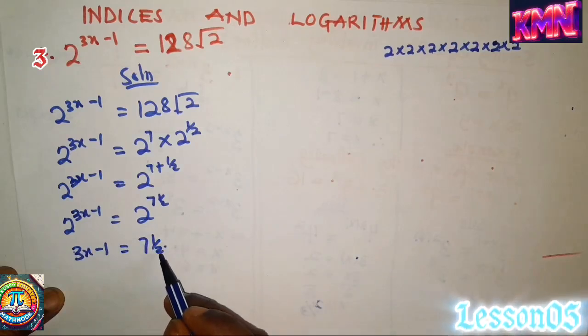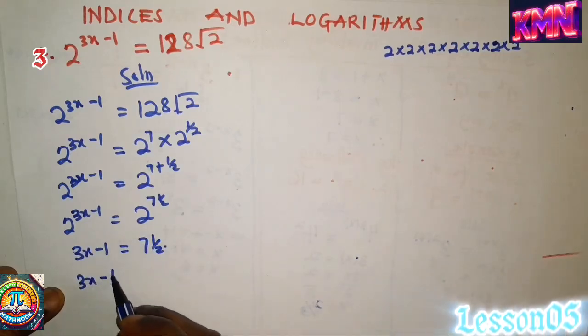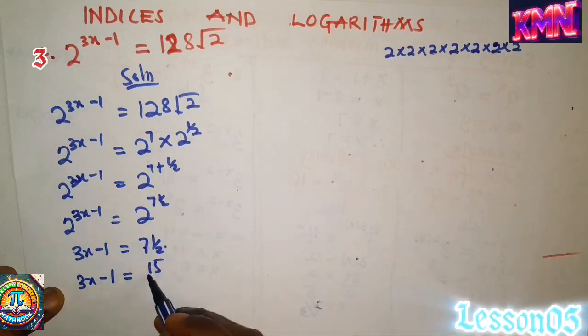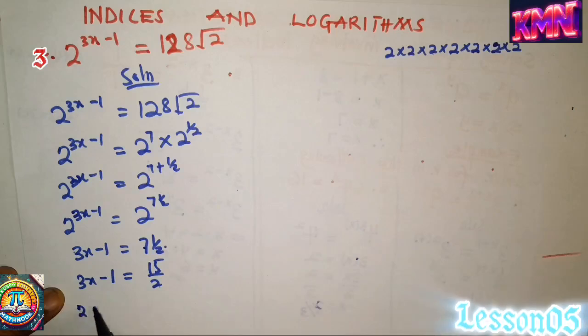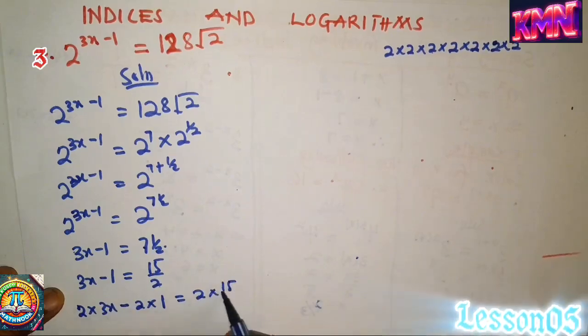We need to change the 7 and a half to an improper fraction, and that will be 3x minus 1 equals this, and this will give us 14 plus 1, that's 15 over 2. Find the LCM. LCM is 2, so that will give us 2 times 3x minus 2 times 1 is equal to 2 times 15 over 2.